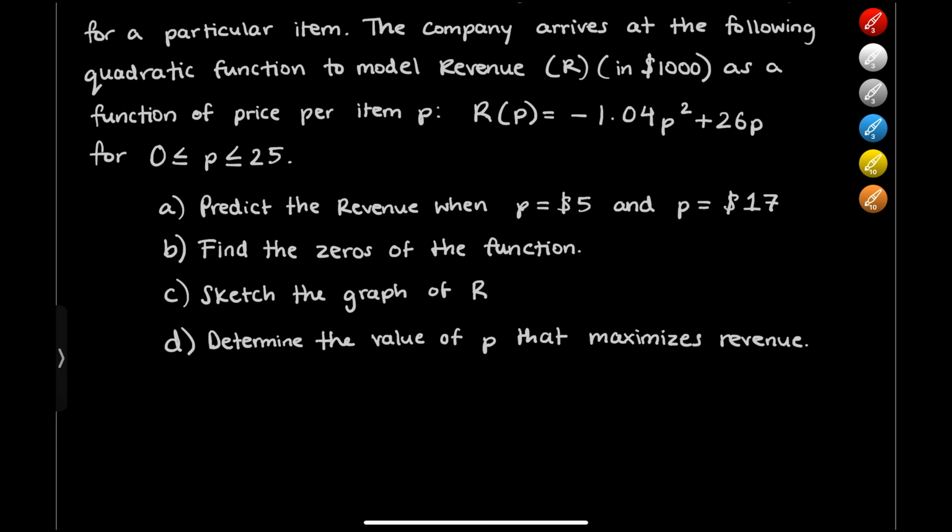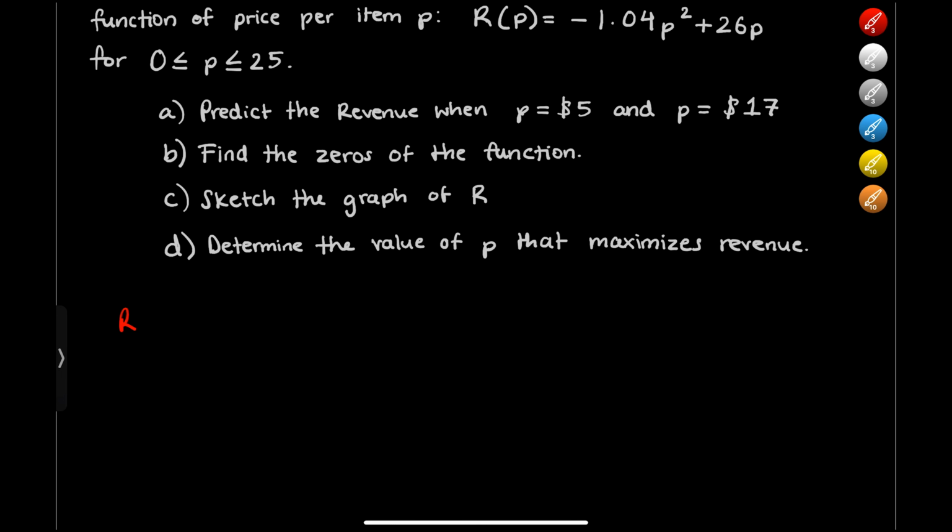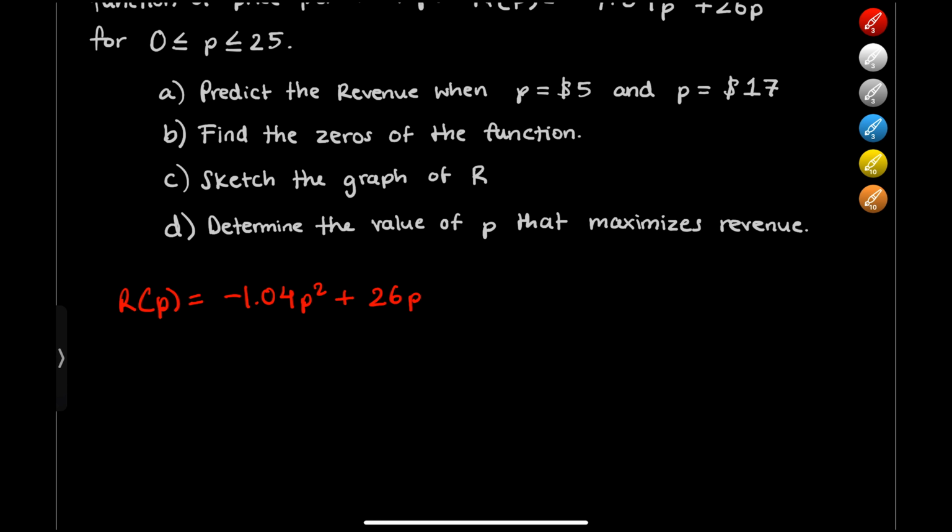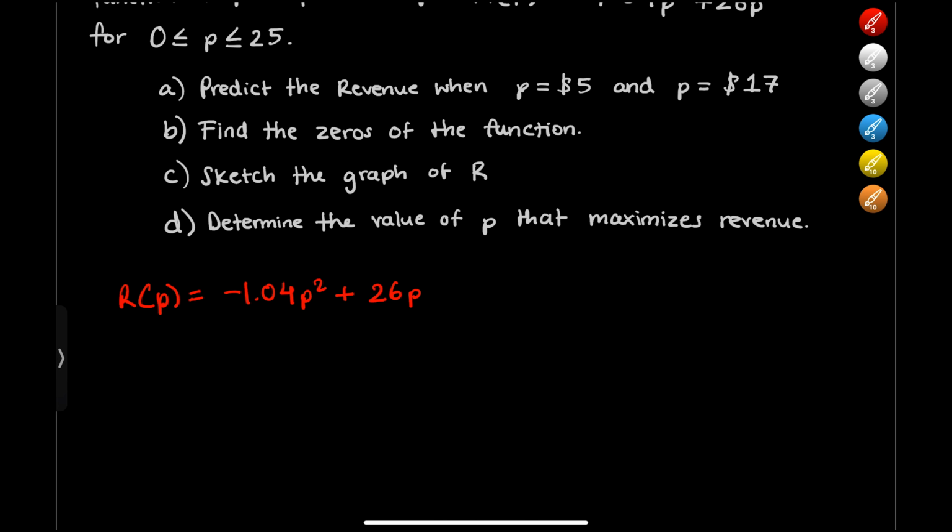So let's write this function over here. R of P is equal to negative 1.04 P squared plus 26 P. So basically what question A is asking is they want us to solve for R of 5 and they want us to solve for R of 17. So let's do that.